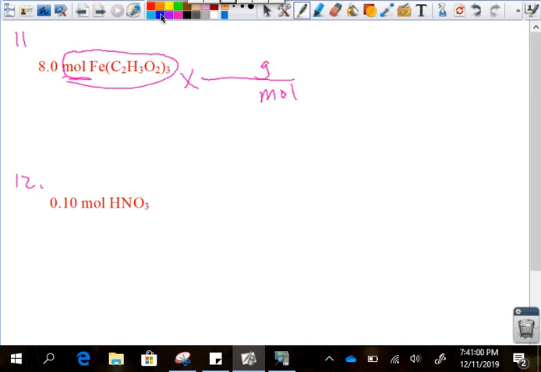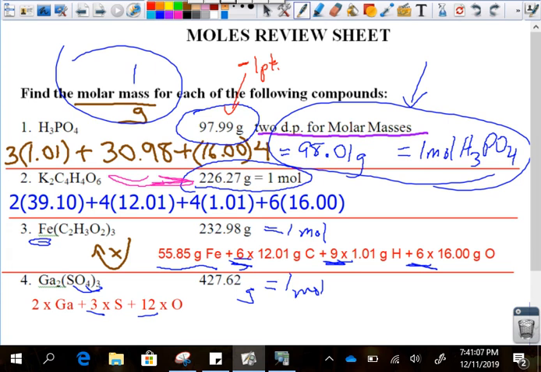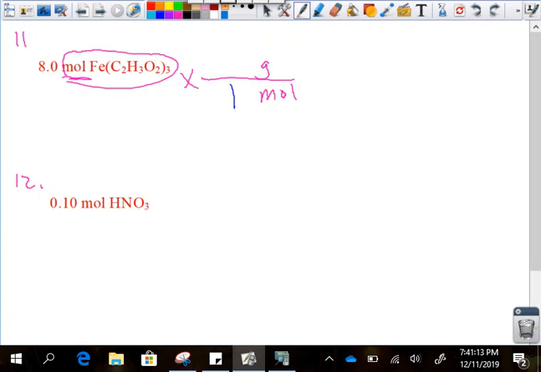So I need to fill this in with 1 mole and the right number of grams. Let's go back and find that value. Here it is. This is the same compound. So 232.98. 232.98 grams represent 1 mole because 232.98 is from the periodic table.